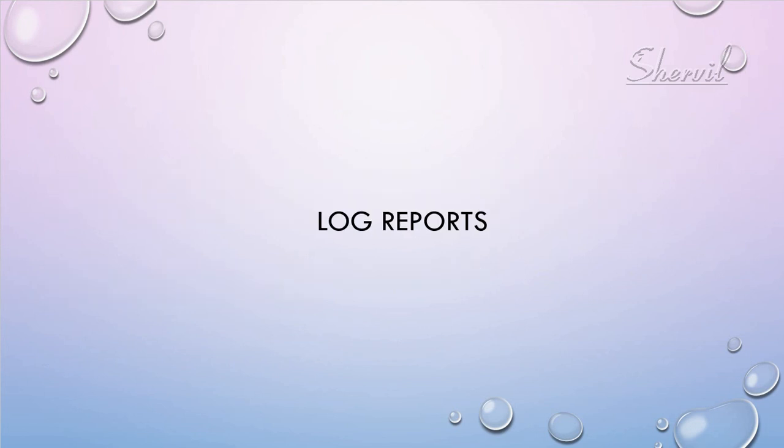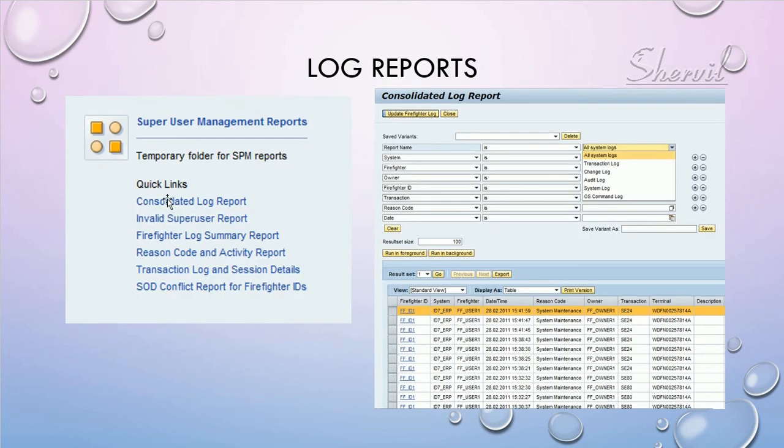Okay, now what are the different log reports that we have? This is what the users would do. The controllers or the owners, who need to monitor the logs, would run them. You have 6 types of reports that could be executed by the controllers or the owners.